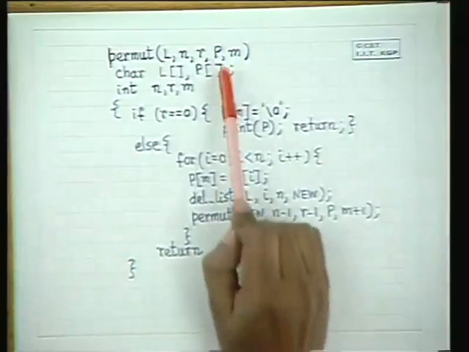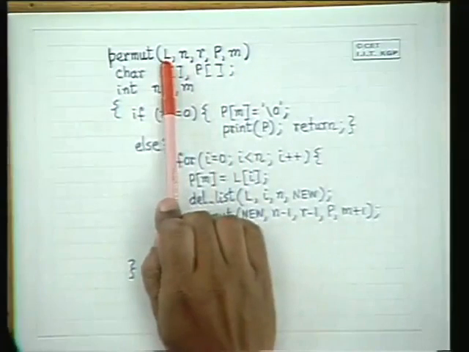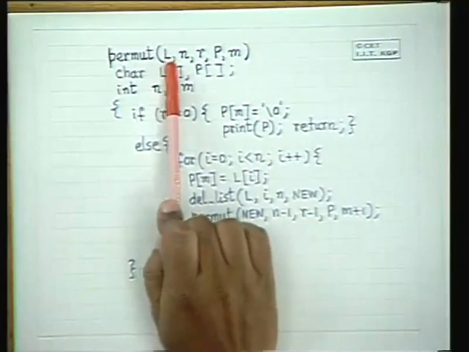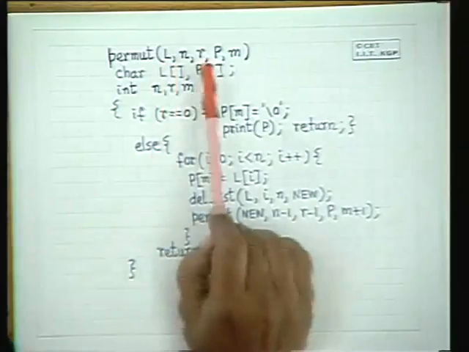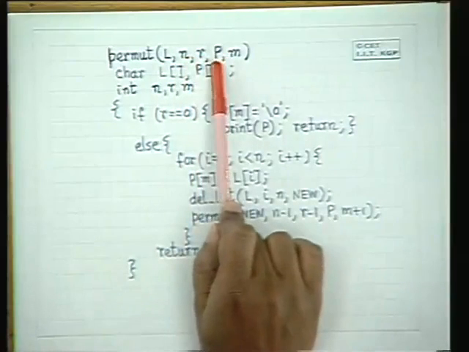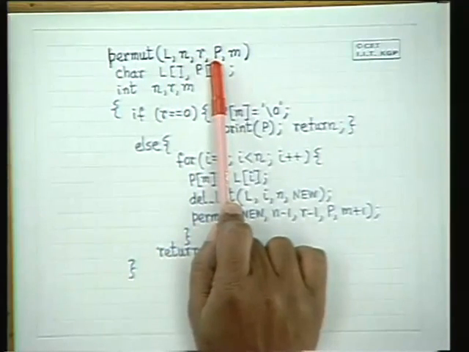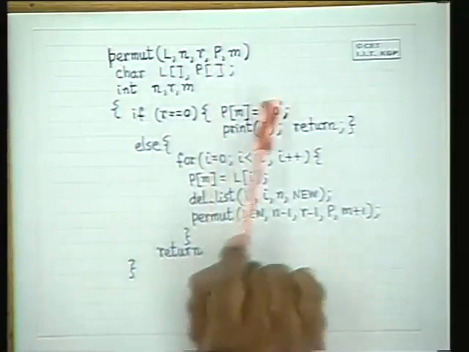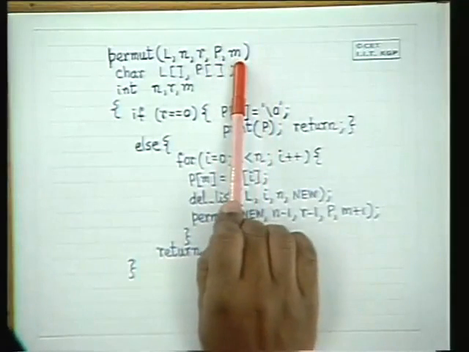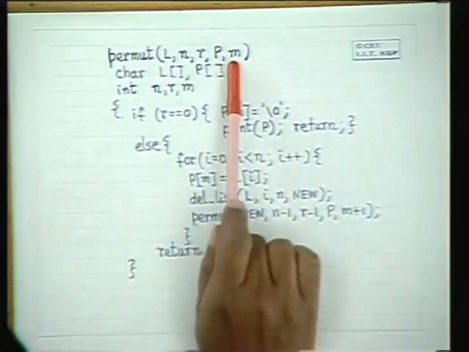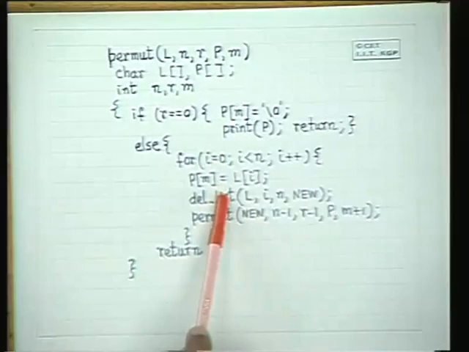What we will do is, like we have used the string list character array L for the list, N and R, we will use another character array P for passing down the strings, and M will be indicating at what point you have to insert it here.